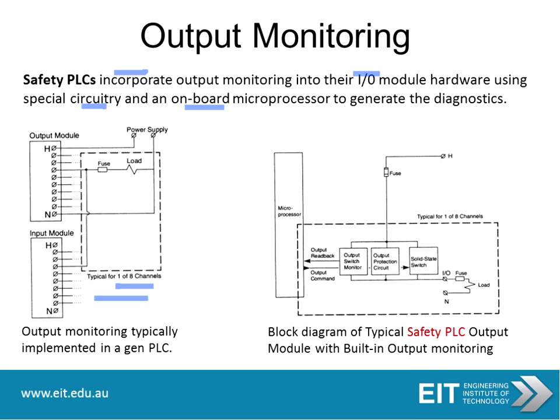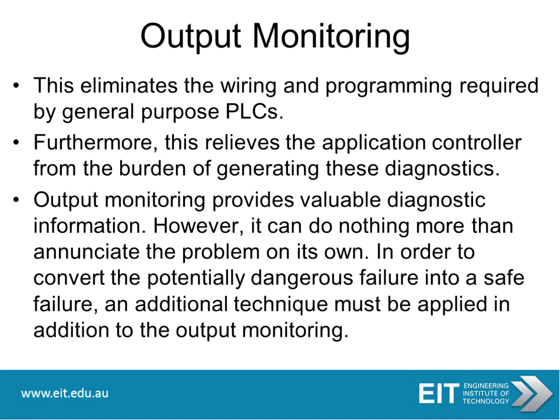Additional to that, as you can see on the right-hand side, we've got output feedback and output command. We've got the output switch monitor, and the output protection circuit and solid state switch. And this is the block diagram and the difference between the general and the safety PLC output module that has built-in output monitoring.